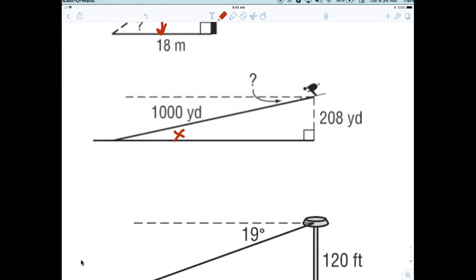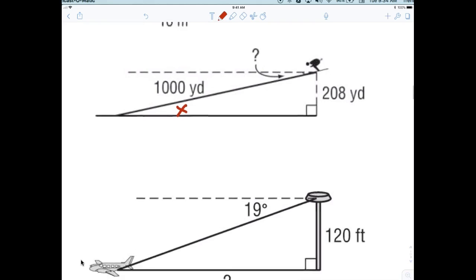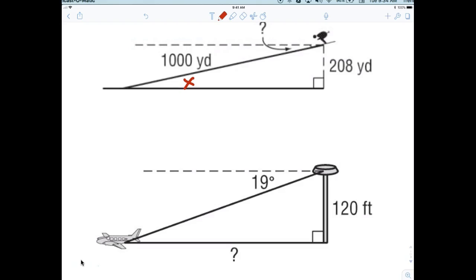I just was lazy, didn't read the question. But you're right, it could have been 1,000 feet from the base. So you have to read. Now in this case, x equals inverse sine of 208 over 1,000.